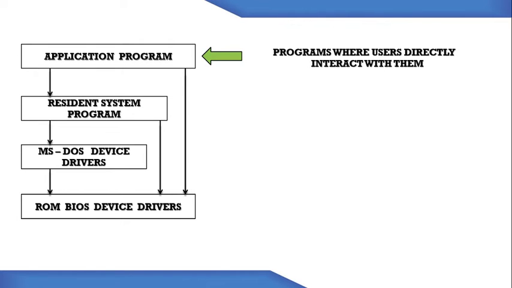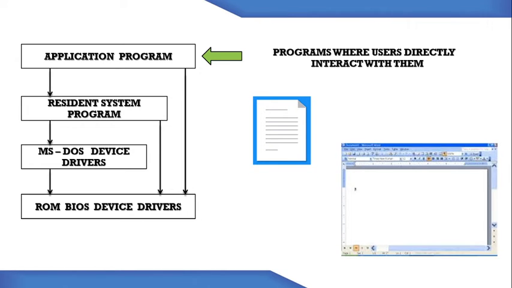These are programs where users directly interact with them. For example, if you want to write a document, Microsoft Word is the application program that you use. If you are using Windows OS, it provides the application to the end user.